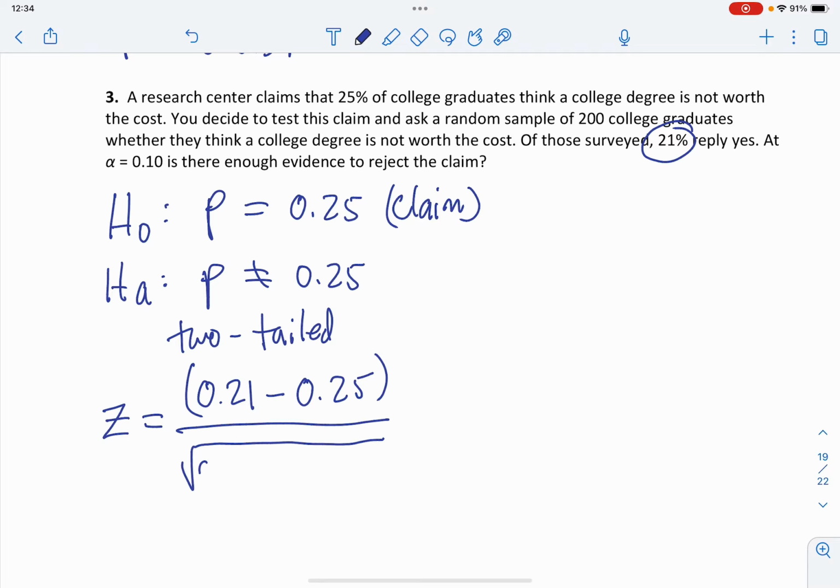Denominator: 0.25 times the q. Well, if p is 0.25, then q is 0.75, divided by the n, sample of 200. And I can calculate that to get my Z. I type this in, and I'm getting negative 1.31.